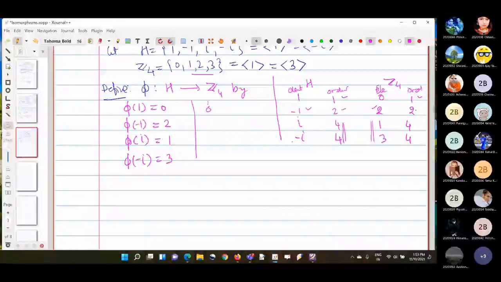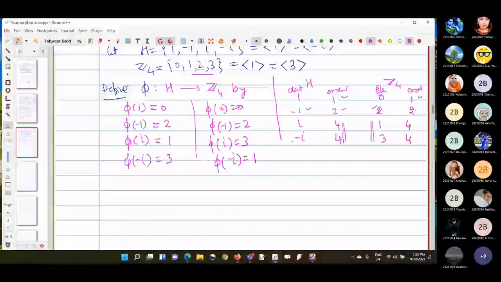Another map we can define: phi of 0 is 0. This is fixed. Phi of -1 should be equal to 2. This is also fixed. So another phi of I may be 3, and then in that case phi of negative I should be 1. So here we have two maps, which are 1-1 and onto.